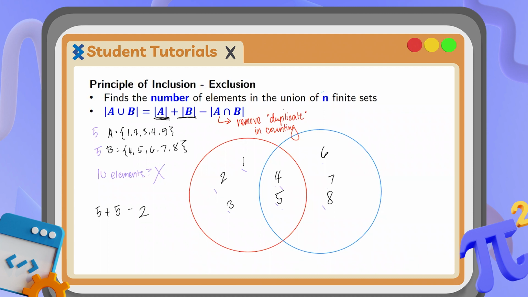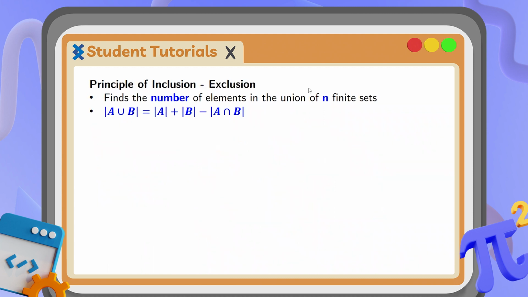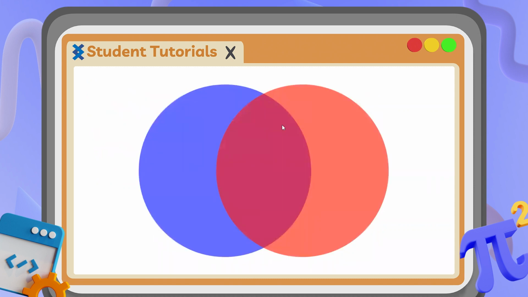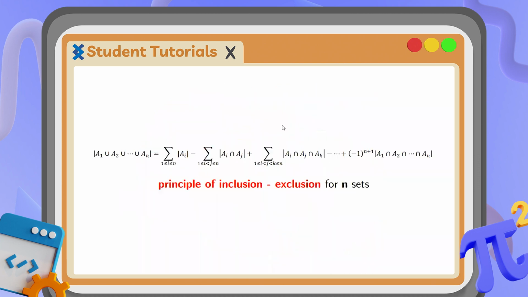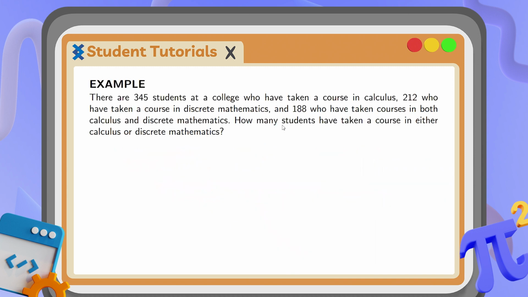So this would be the case for 2 sets. There are also other cases for 3 sets and above. This is the general formula for the principle of inclusion-exclusion, which you do not have to memorize because it looks pretty complicated to explain and derive.